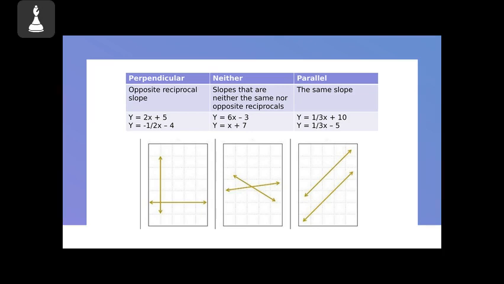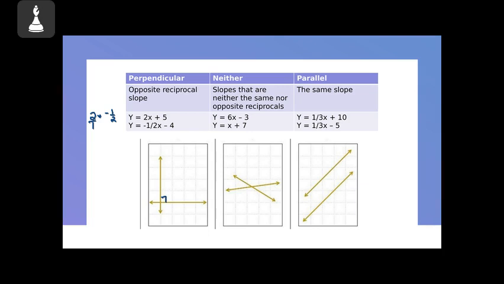So if I look at the slopes, 2 and -1/2 are called opposite reciprocals. One is positive, one is negative, and they are reciprocals of each other. 2/1, 1/2. They will form a right angle if you were to graph them on your graph paper or a calculator.